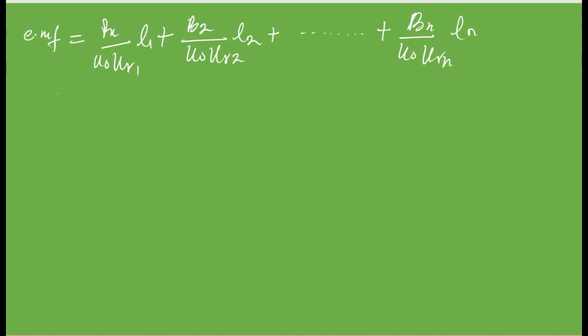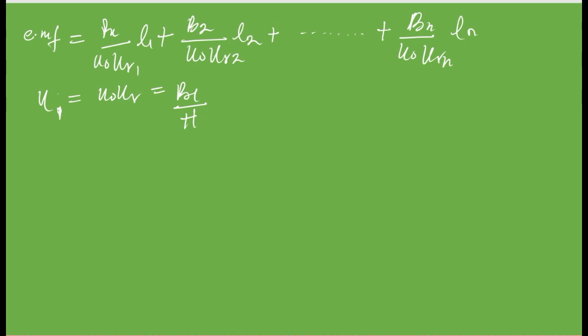Now let's remember from our introductory lessons that the permeability of the material, mu, equals mu naught mu r, and it's the same thing as B over H, that is the magnetic flux density over the magnetic field strength.